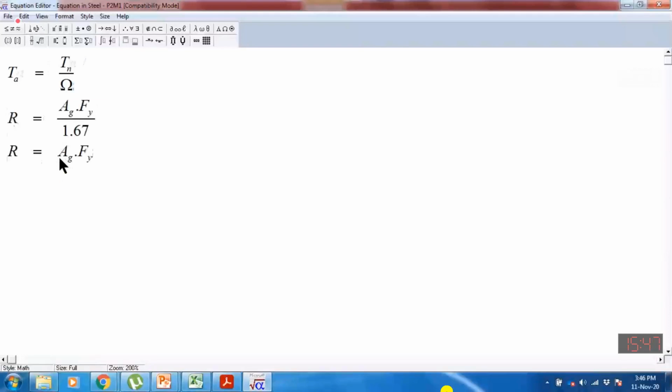One divided by 1.67 is equal to 0.6. Or from here, if area is unknown, we assume that gross area is the unknown value.